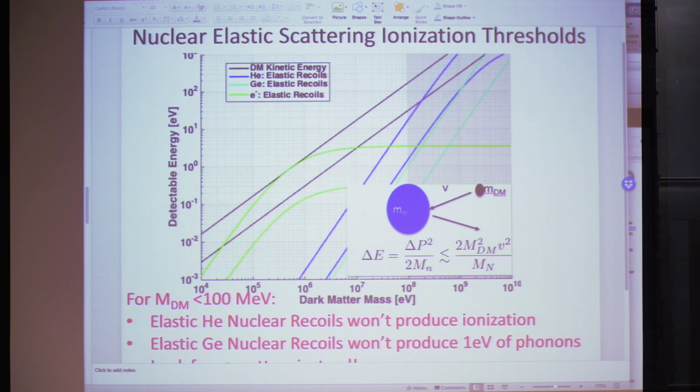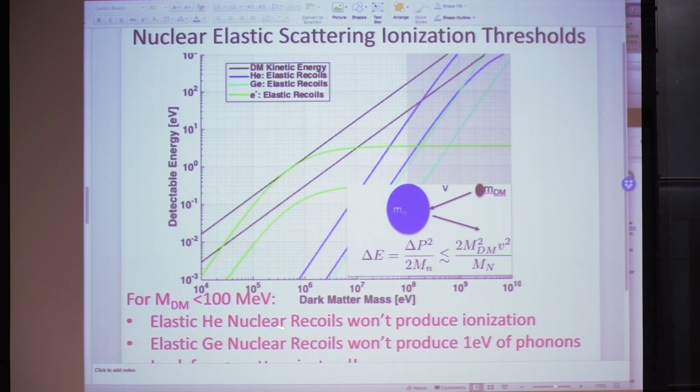So where does it get difficult for us to see any kind of, let's say, an ionization signal on helium? Well, on neon, that sets basically at 100 MeV. So the best detectors you could think of are going to have problems with ionization at something like the 100 MeV scale.